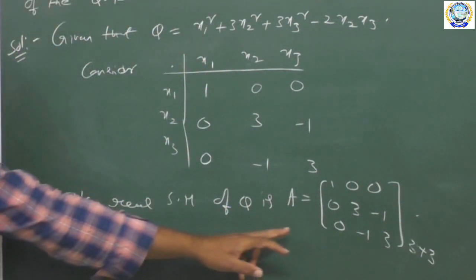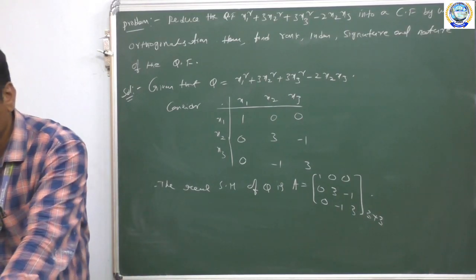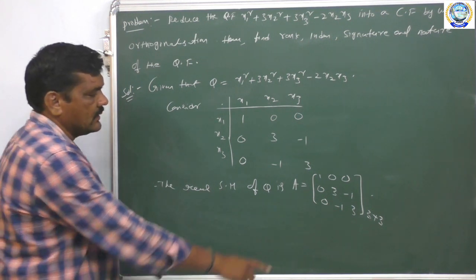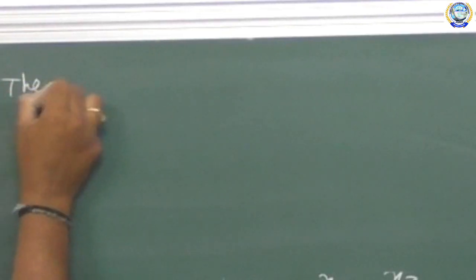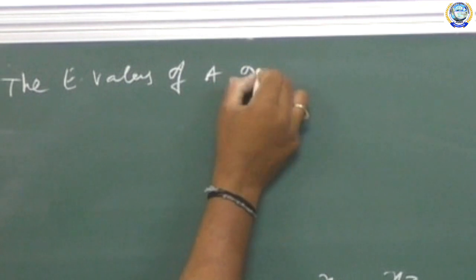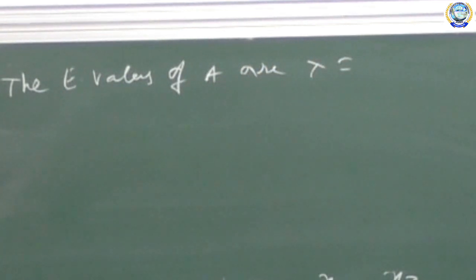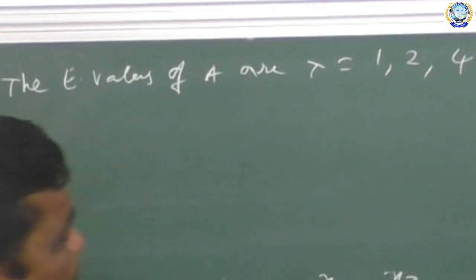Next, to find the eigenvalues of A. We know how to find the eigenvalues and corresponding eigenvectors of this matrix A. The eigenvalues of A are lambda is equal to 1, 2, 4.